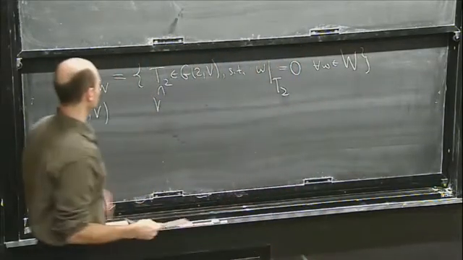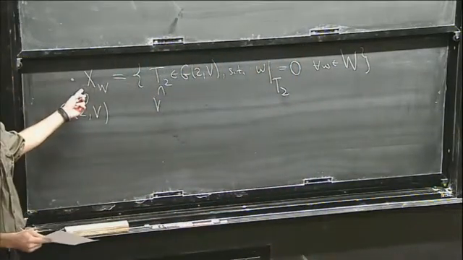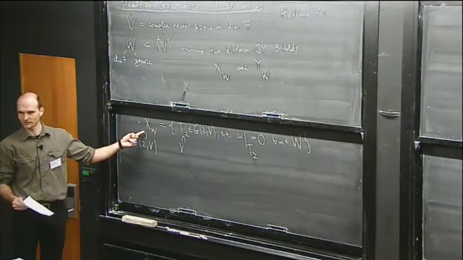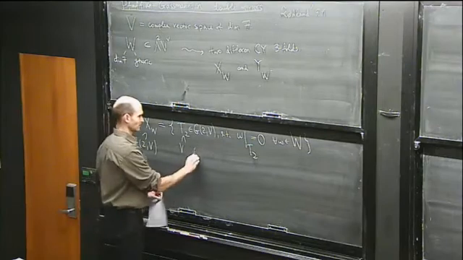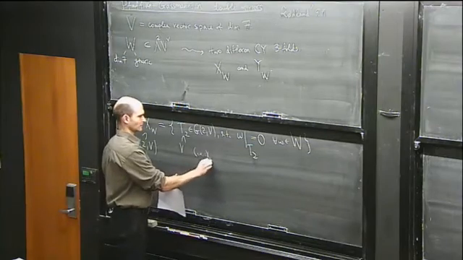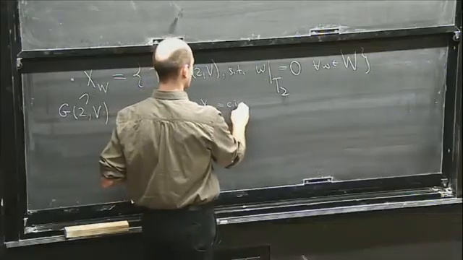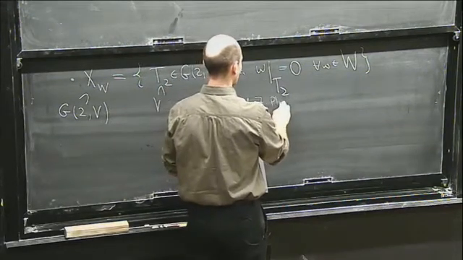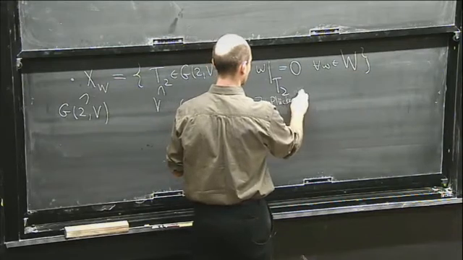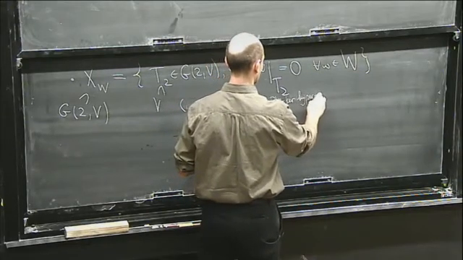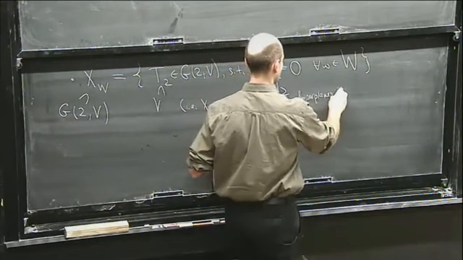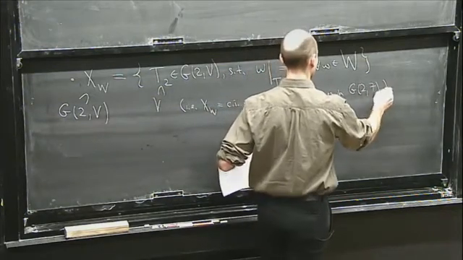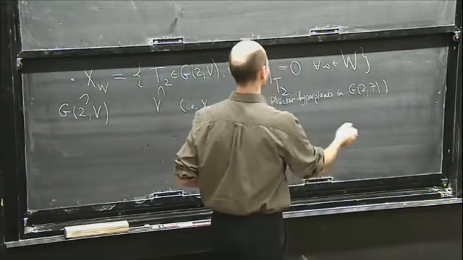So in other words, it's a complete intersection of 7 Plücker hyperplanes inside the Grassmannian G(2,V).